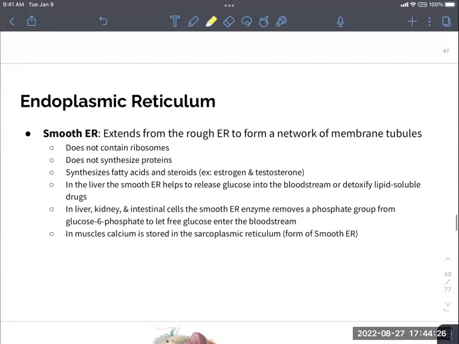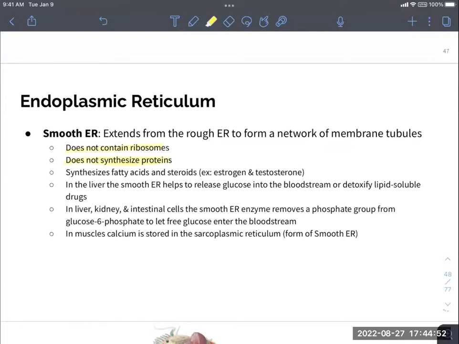We also have what is called a smooth endoplasmic reticulum. It extends from the rough endoplasmic reticulum to form a network of membrane tubules. It's smooth because it doesn't have ribosomes, and since it does not have ribosomes, it does not make proteins.